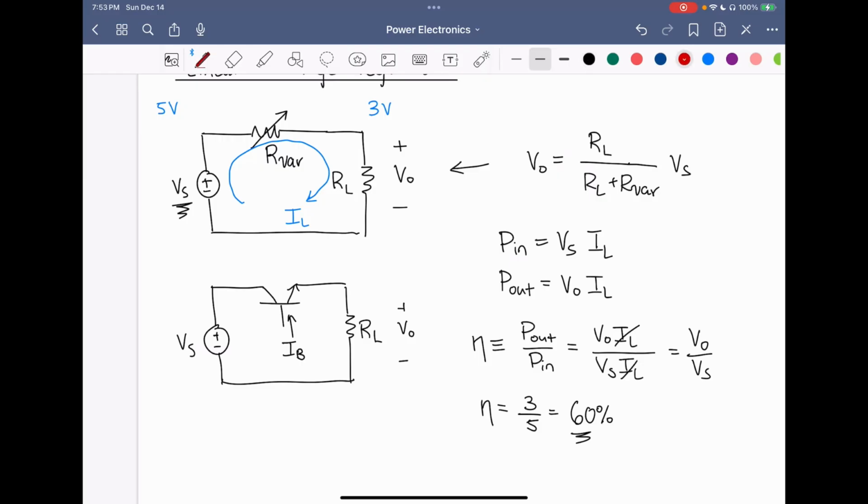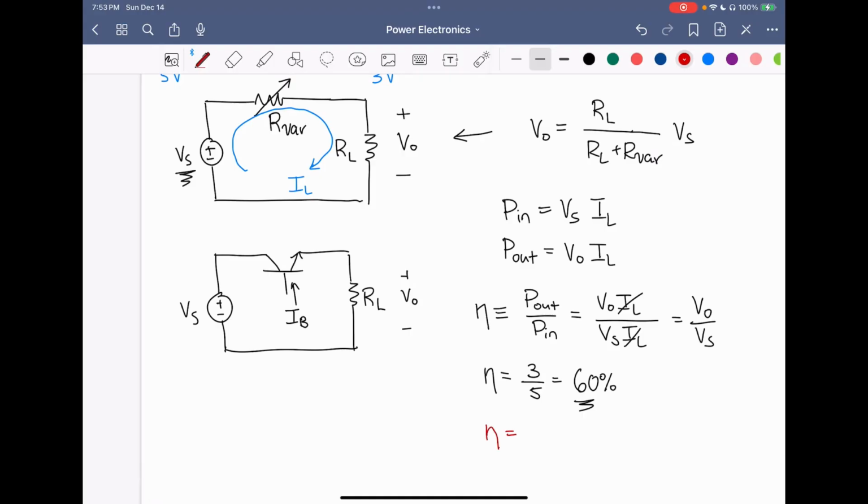Moreover, say we had a source voltage instead of 10 volts and we converted that down to 3 volts. Then our efficiency is equal to 3 over 10, which is 30%.